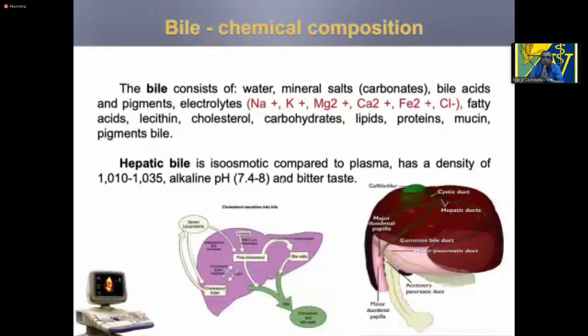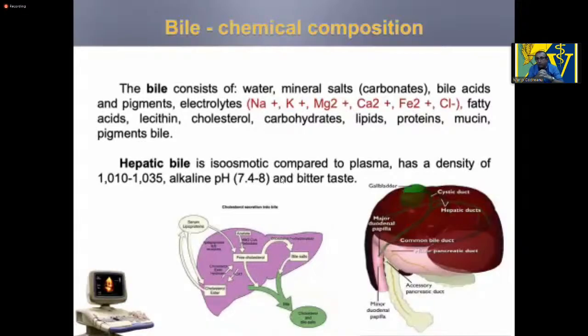Also, it's important to remember the chemical composition of the bile, which consists of water, mineral salts, bile acids, and pigments. It's important to know that it also contains electrolytes, fatty acids, cholesterol, carbohydrates, lipids, protein, mucin, and of course, bile pigments.